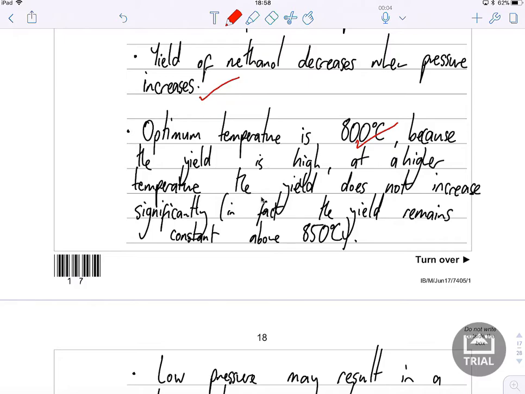The mark scheme says about 750 to 850, I think. I get a mark for talking about the pressure, talking about a slow rate, and then talking about it having an optimum pressure of about 1000 kilopascals as well. So a couple more marks for that.